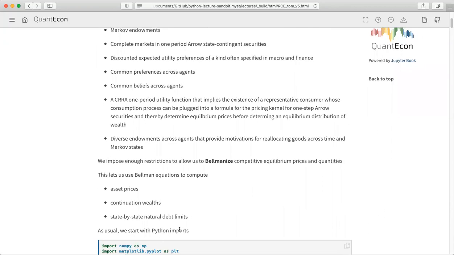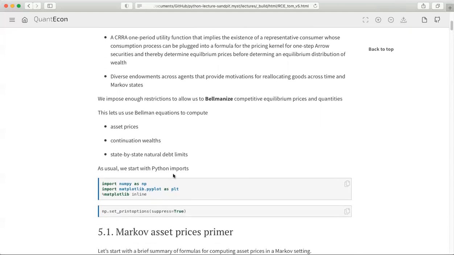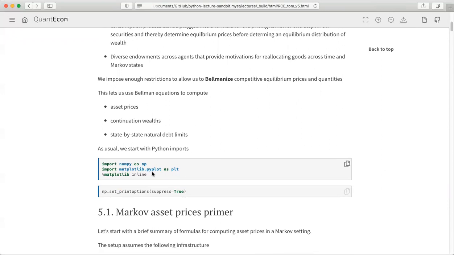So I've made some Python code that'll do some examples for us.